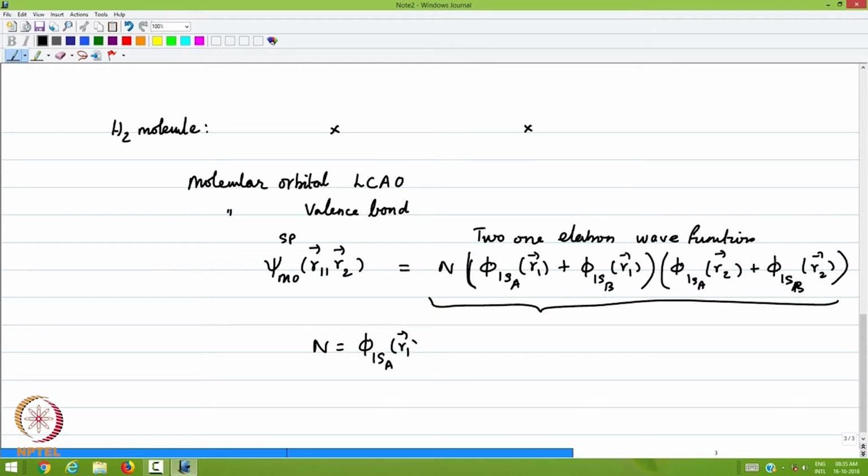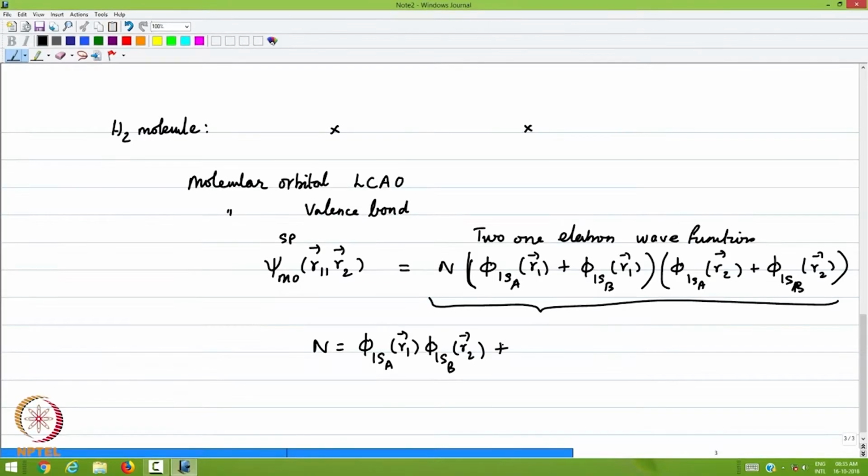There is phi 1s A of R1 times phi 1s B of R2, which means that electron 1 is associated with nucleus A and electron 2 with nucleus B. Since the electrons are indistinguishable, you can also have it the other way around, giving phi 1s B of R1 times phi 1s A of R2.